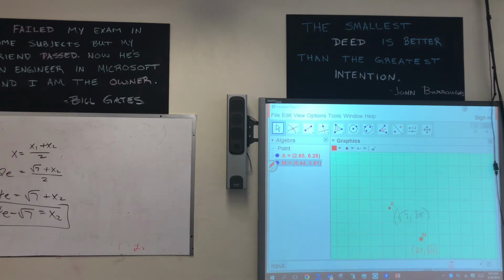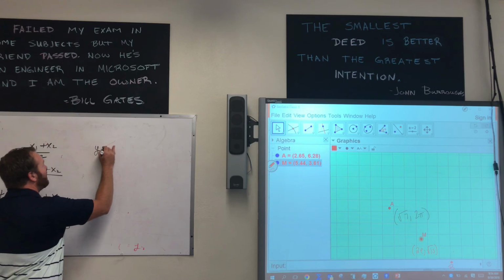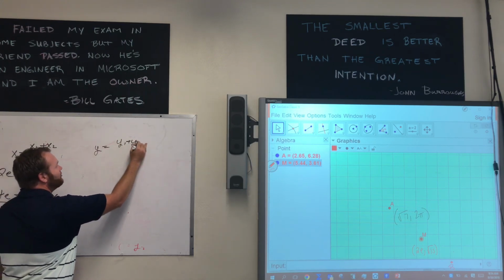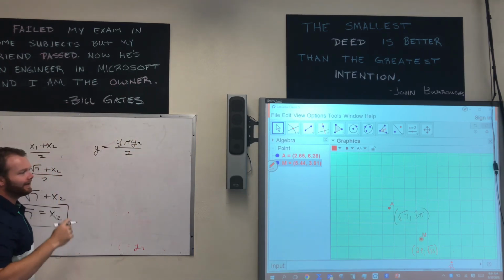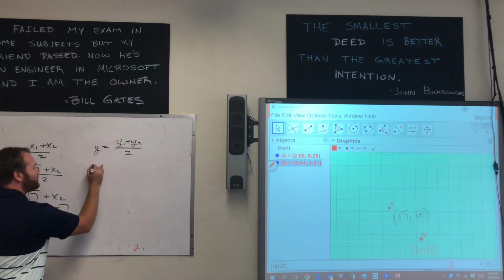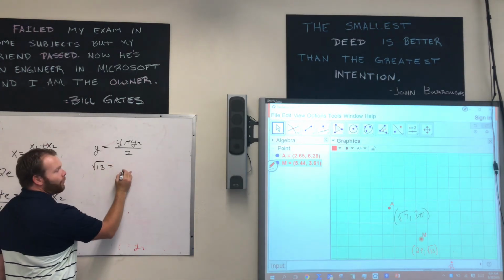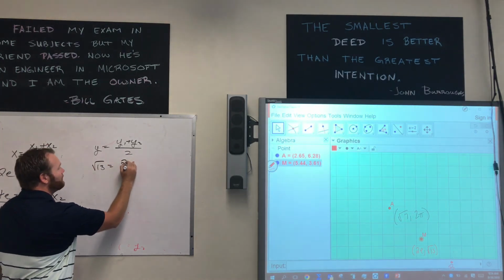And there's the x coordinate of that other endpoint. Now I can't combine those. Those are two irrational numbers that don't have similar characteristics where I can combine them or anything like that. That is the best way of writing that coordinate. I'll do the same thing with y. So y equals y1 plus y2 over 2. Again, the y coordinate of my midpoint is root 13. y1 I said was 2 pi.